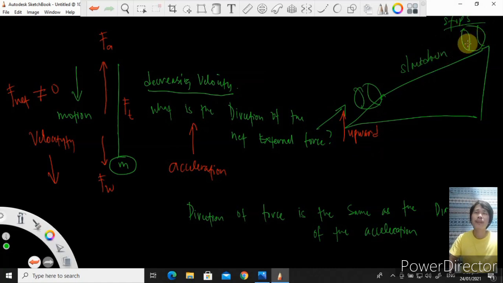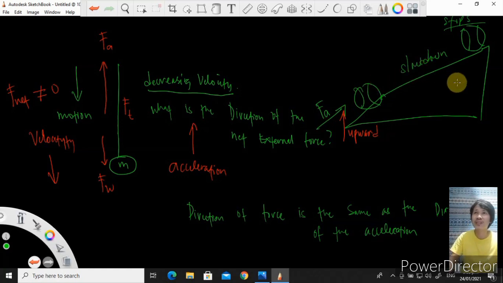The question is this, what is the direction of the net force? Diba? Very confusing yan. Kasi sasabihin mo, sir, yung applied force mo, F sub A, pataas. Diba? Pero it slows down.